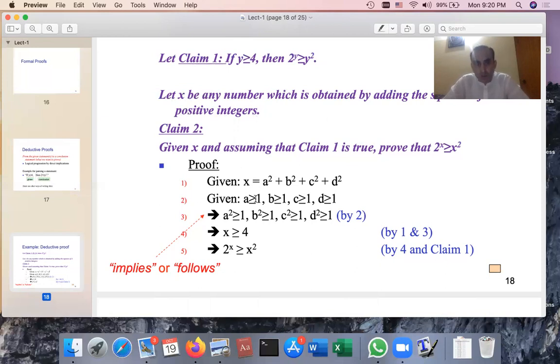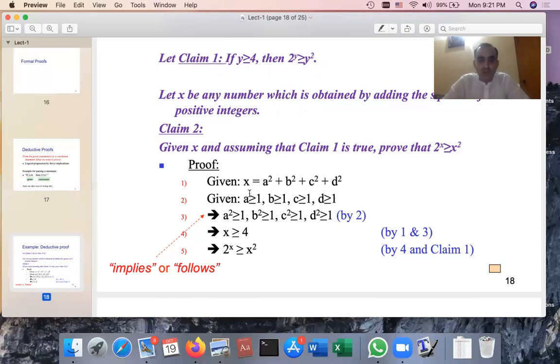So now number two, we know that a, b, c, and d are positive numbers, and if these are positive numbers then it means that they are greater than or equal to 1, because 1 is the least positive integer, then 2, 3, 4, 5, and so on.